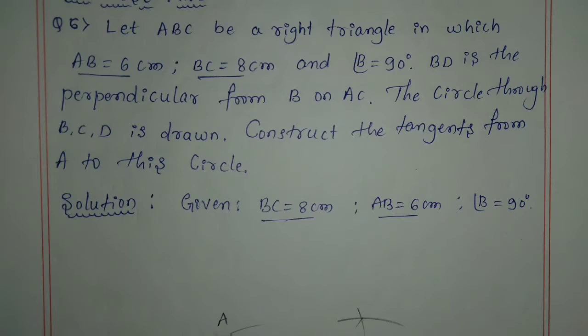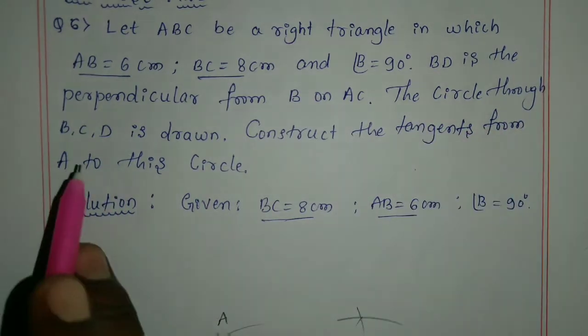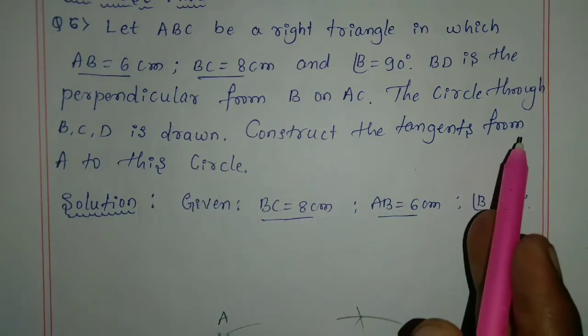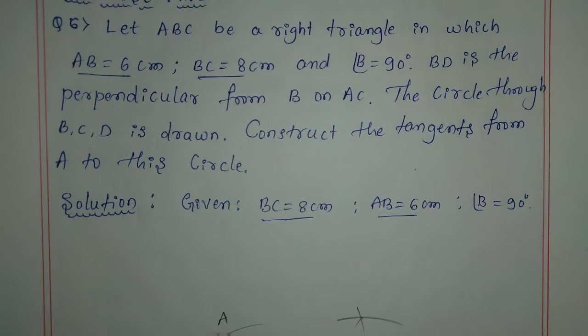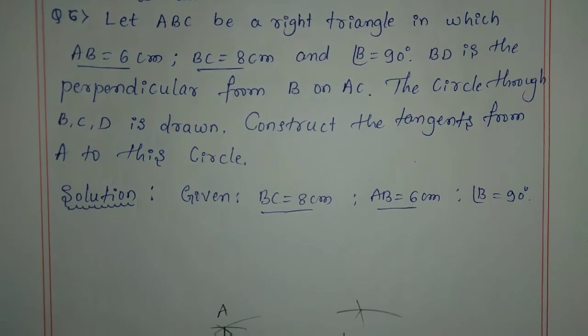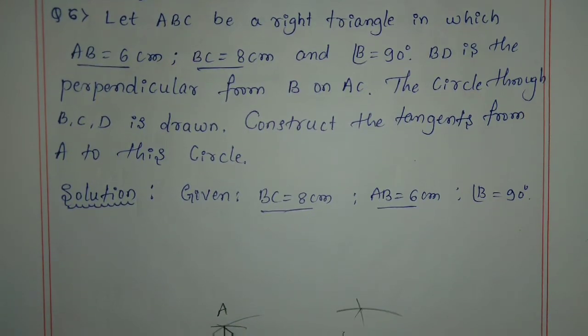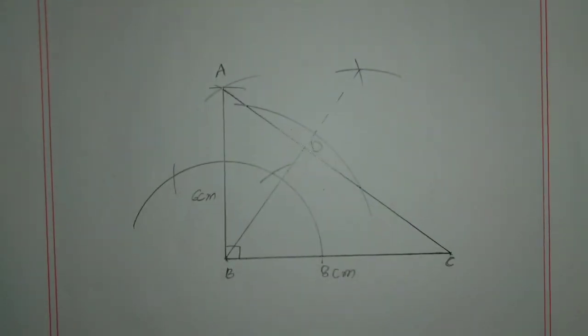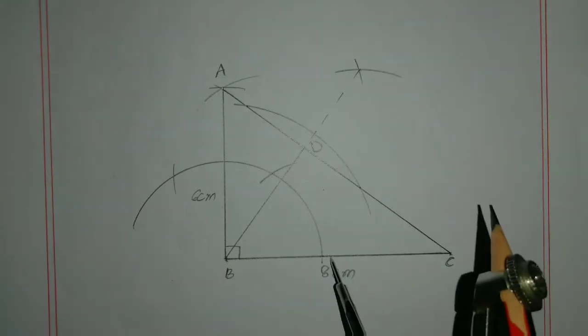So next in the question, the circle through B, C, D is drawn. Construct the tangent from A to this circle. Okay, you can construct one circle that is drawn through B, C and D points. So first you can find its midpoint.